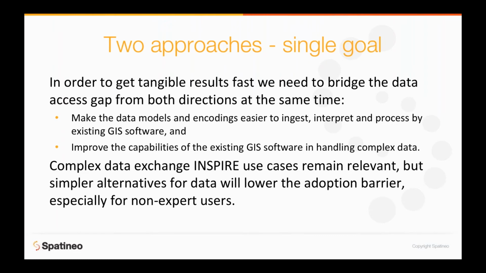So we need to make the data models and data encodings easier to ingest by the client software, and also at the same time improve the capabilities of the existing GIS software applications and software libraries in handling the complex data, and also making sure that whatever ways we create this kind of simplified data models and encodings, we create something that is actually proven to be better ingested, more readable by the existing GIS software.